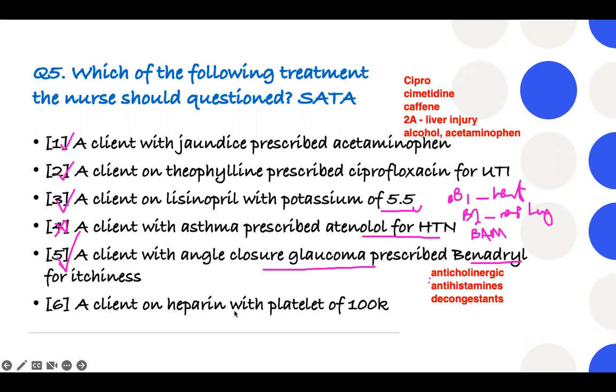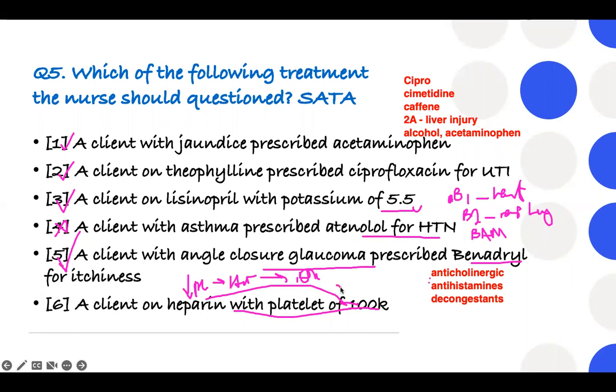A client on heparin with a platelet count of 1,000. You ask yourself, what is the relationship between heparin and platelets? Well, heparin lowers the platelets, and that is what we call HIT, heparin-induced thrombocytopenia. In this case, if the normal level is 150,000 to 400,000, this is too low.